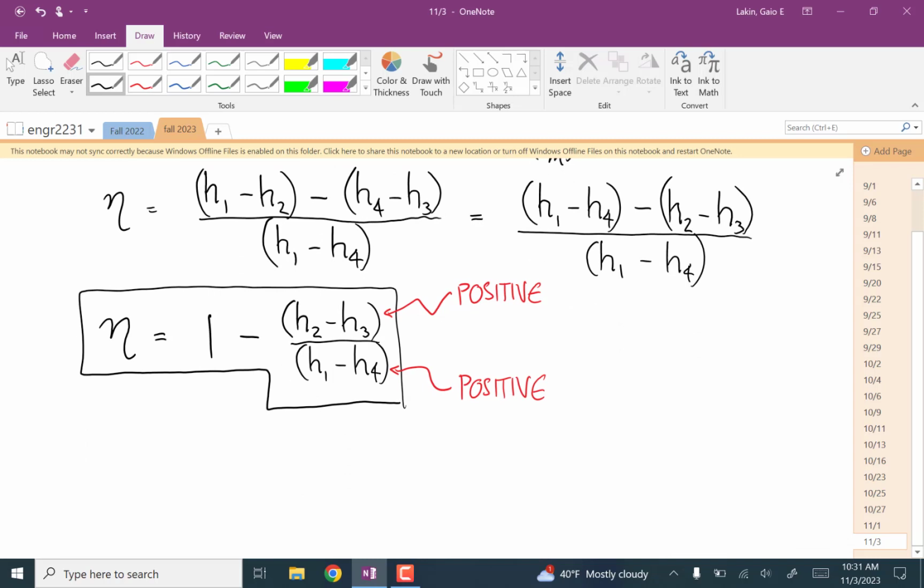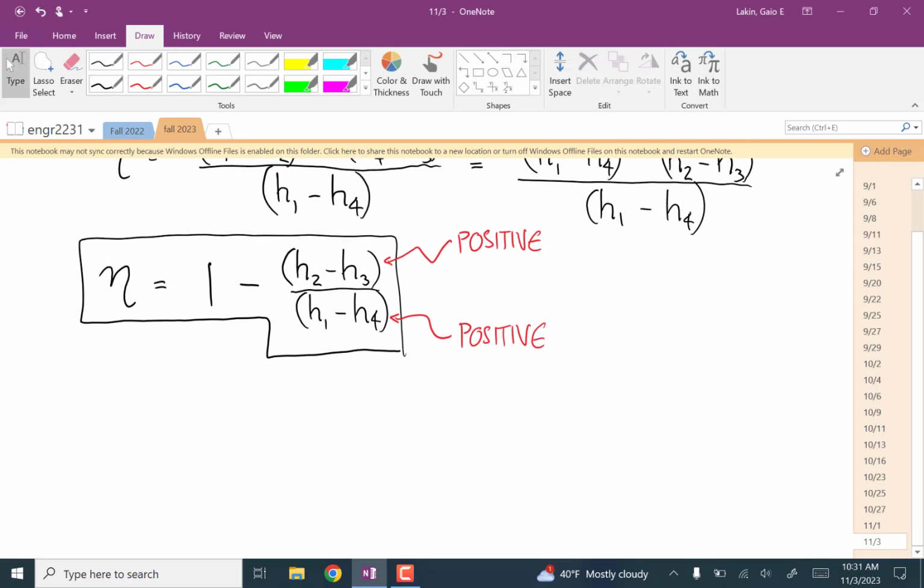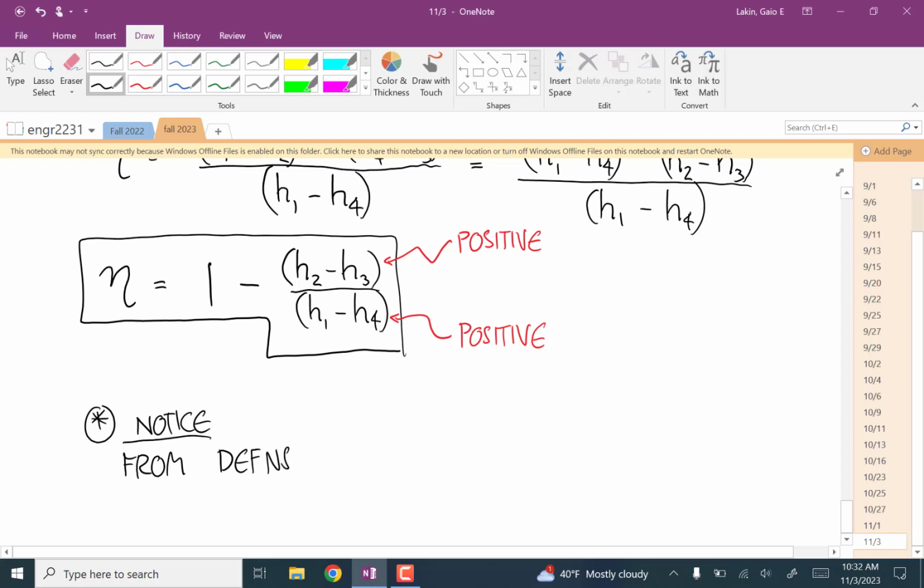Well, notice one thing here, from the definitions of QC dot over M dot and QH dot over M dot.